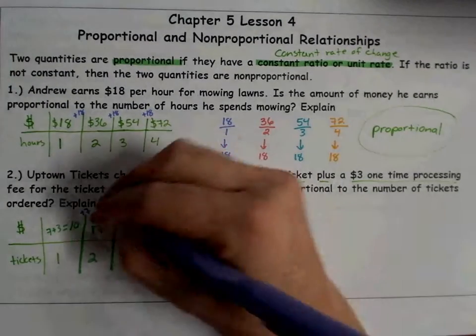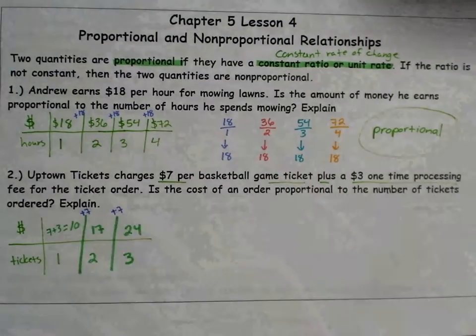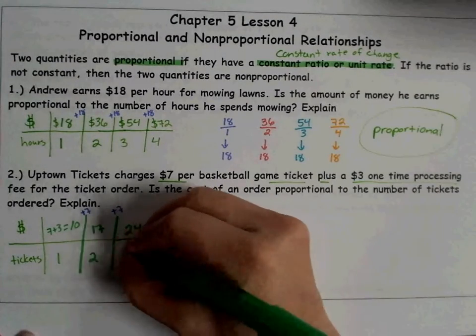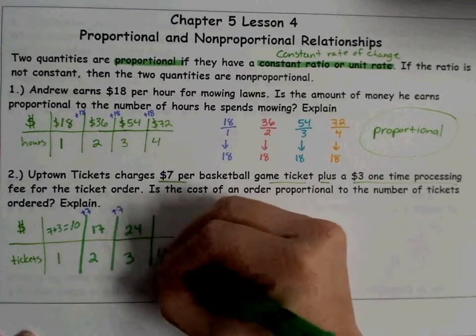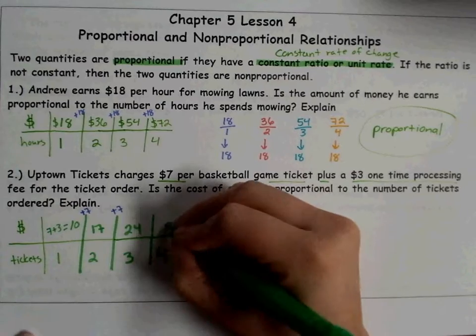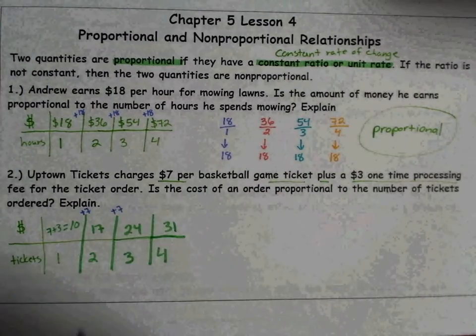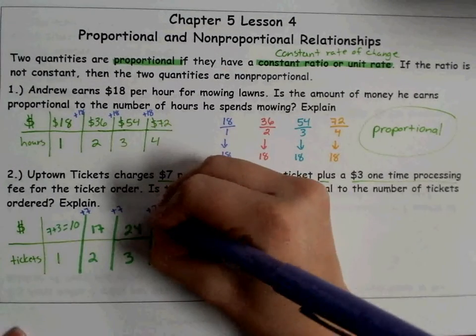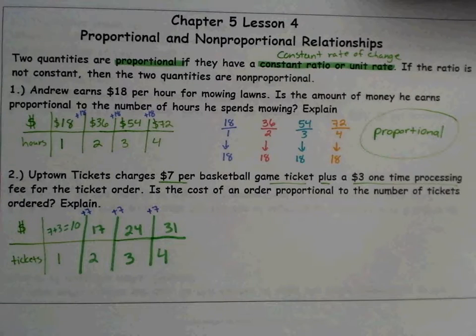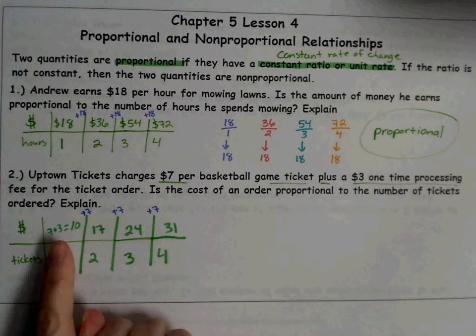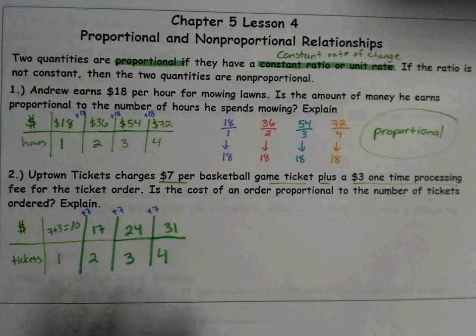Because again, you're just paying the next $7 for the ticket. And then what about 4 tickets? $31. Very good. Because after you've paid that one-time processing fee, you paid it only the first time, each ticket you buy after that, you only pay for the ticket, not the processing.